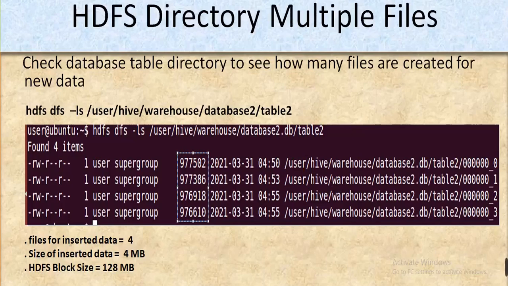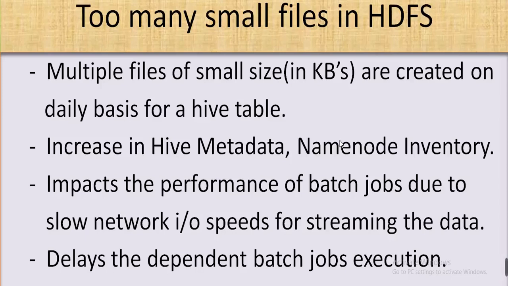Now, why do we need this? Why can't we have multiple splits, and why is it recommended that you should have only a single file, looking at the size of around 4 MB overall? The reason is, if you create multiple files of small KBs on a daily basis for a Hive table, you will be accumulating too many files.